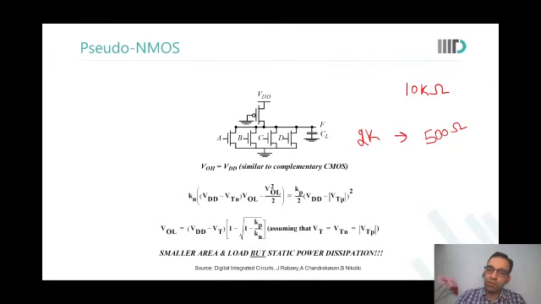So what is the value of VOL? Approximately the voltage at the load basically. 500 by 10,500, approximately VDD by 21. So it is within 5% of VDD.